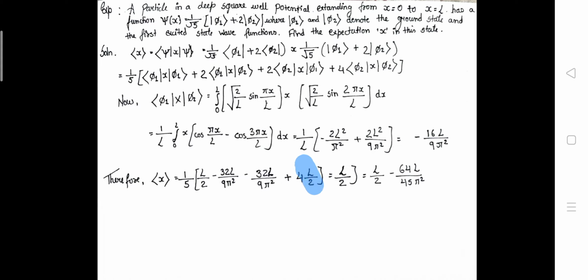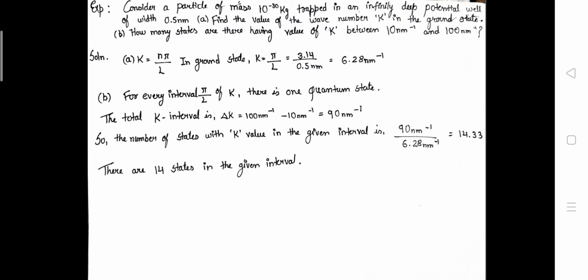Okay, now let's take another example in which we are told to consider a particle of mass 10 raised to minus 30 kilogram trapped in an infinitely deep potential well of width 0.5 nanometer. Here we have been given the width of the potential well, which is 0.5 nanometer.